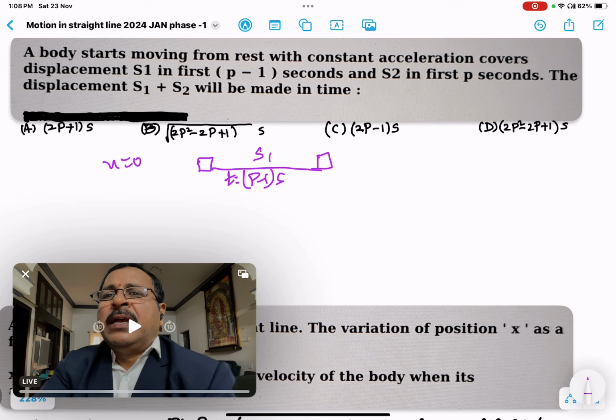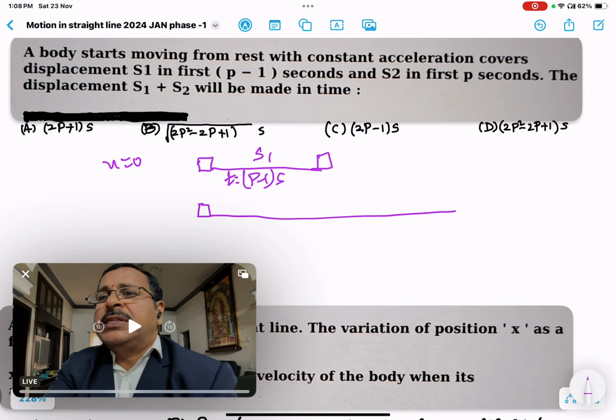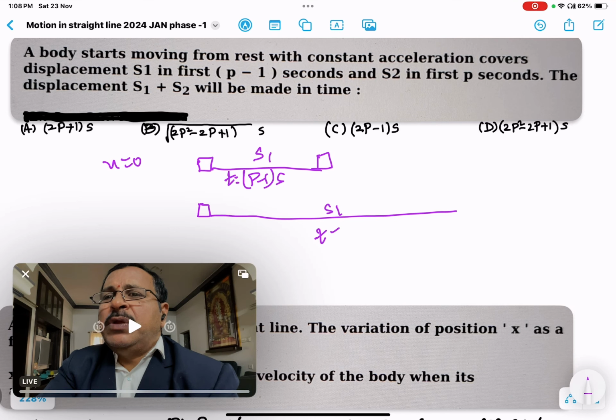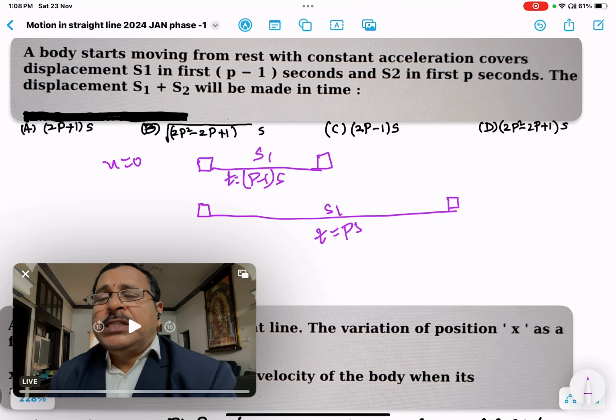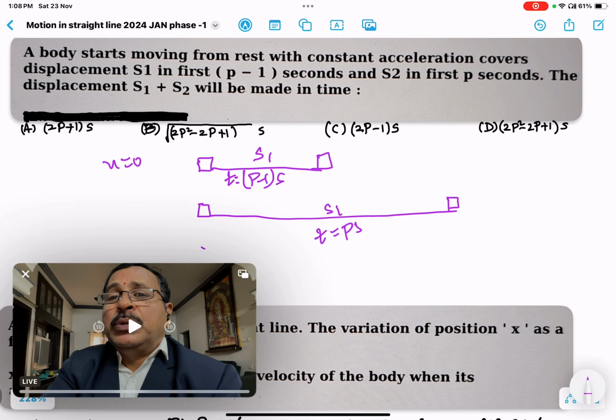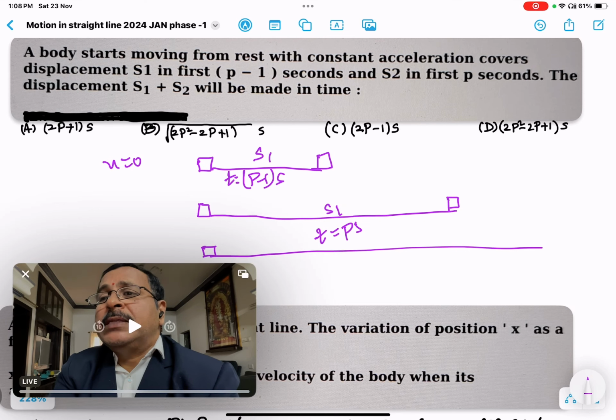Next, it covers S2 distance in p seconds. The same body covers S2 distance in t equals p seconds. Then what is the time taken to cover the displacement S1 plus S2?